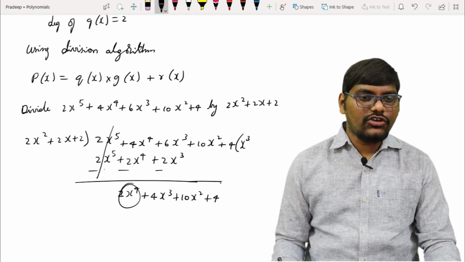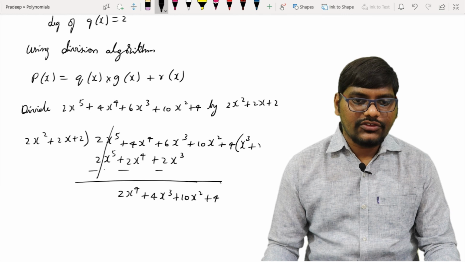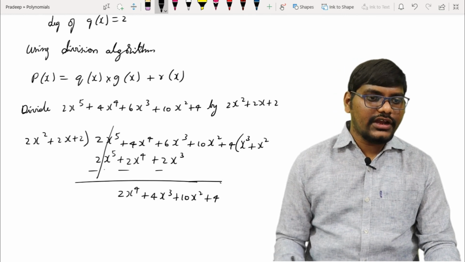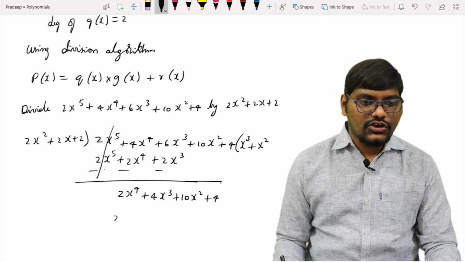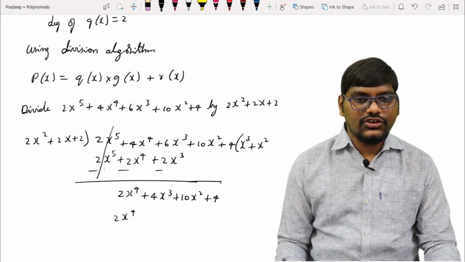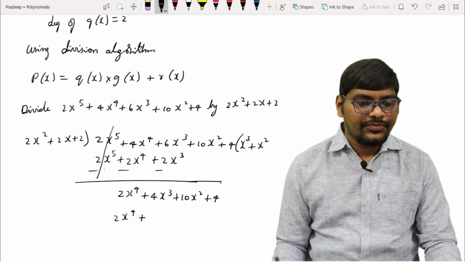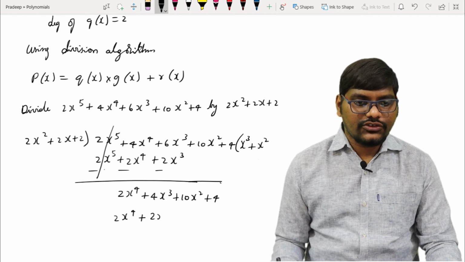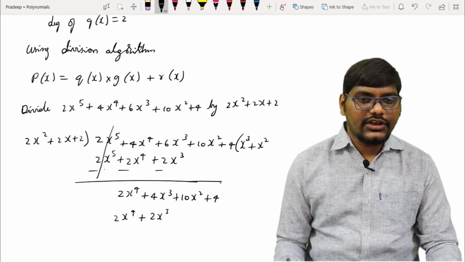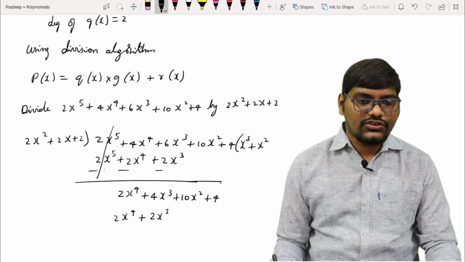Here x power 4 is there, x power 2 is there, so I can simply write plus x square. So let's see what we get. 2x square into x square is 2x power 4, and 2x into x square gives 2x cube, and again 2 into x square is 2x square.